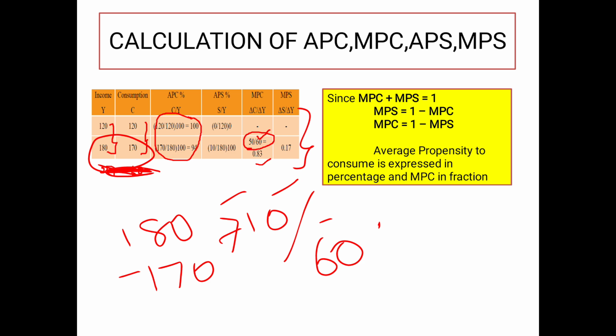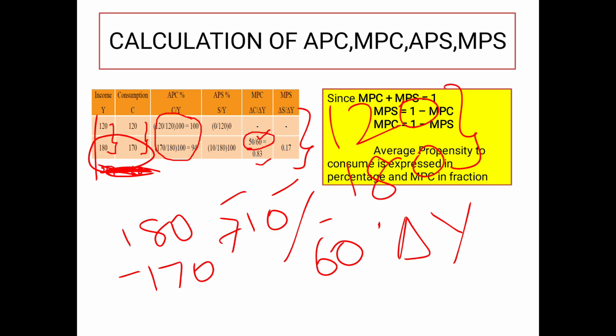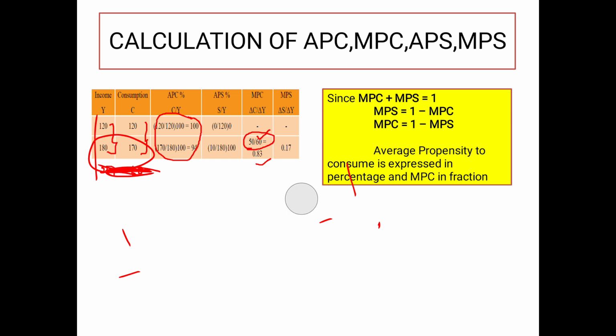Why have we taken 60? 60 is the change in Y. What is the change in Y? It was 120 first, then it is 180. So the difference between these two is 60. So now your calculation goes this way: 10 divided by 60.